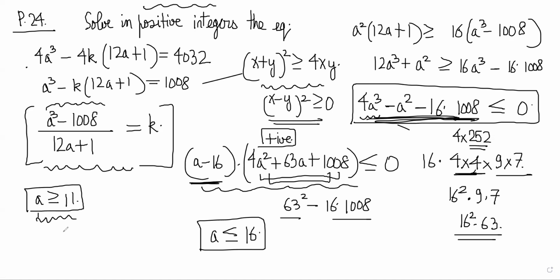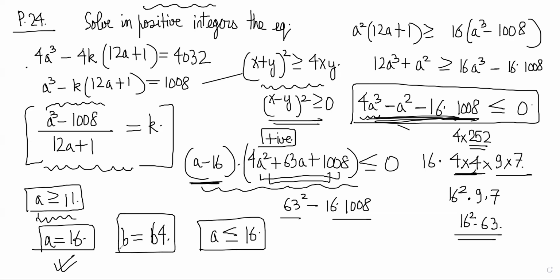So what you will get is a should be 16. That is what fits. Everything that we have seen so far, a is 16, and once you get a is 16, b also comes as 64. From the initial equation only, you can say if a is 16, b will be 64. And once you decide this, you will get x and y both have to be 8.